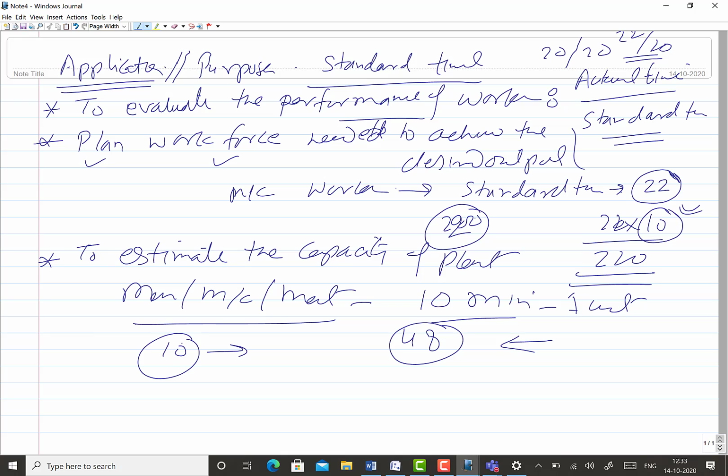If you have 10 sets of man, machine and material for production, then the total daily output can be 480. So depending upon the resources available and the standard time, the maximum production capacity of the plant or organization can be calculated. We can estimate the capacity of the plant based on the kind of man-machine systems we have and the standard time needed for producing a job.